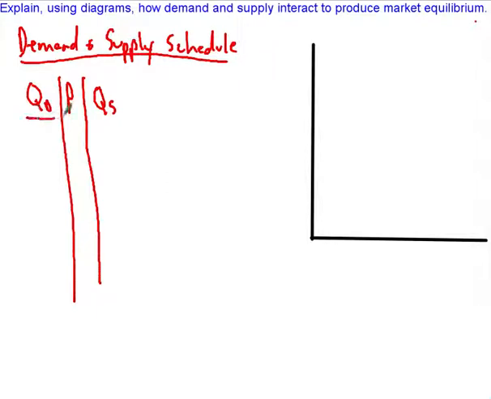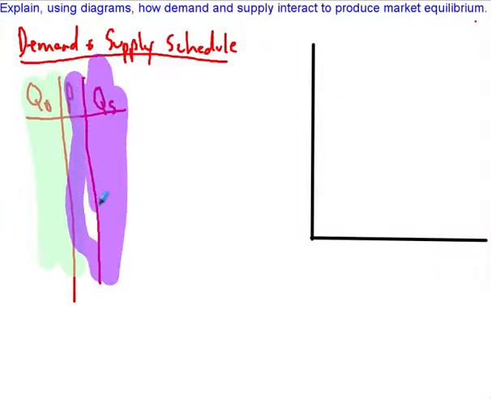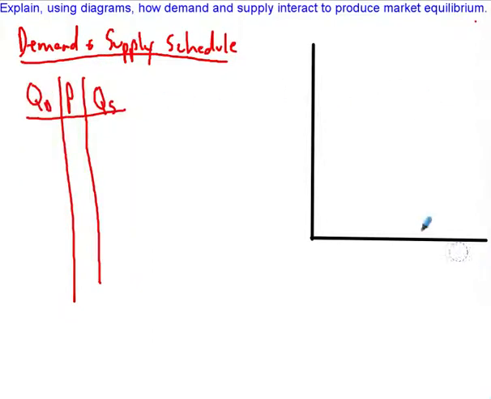So this side, let me highlight this real quick, is our demand schedule, and this is the supply schedule. We just put them together with price being common between them. So let's get back to the pen.